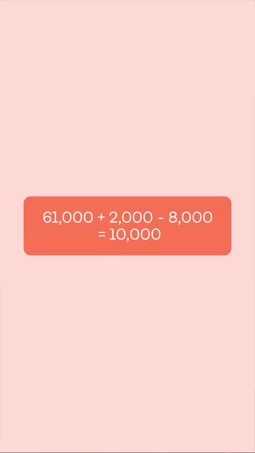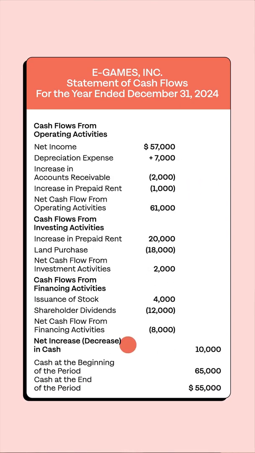In our fourth and final step, we will combine our net cash flows: a net increase of $61,000 in cash from operating activities, a net increase of $2,000 in cash in investing activities, and a net decrease of $8,000 in cash in financing activities. This tabulation results in a net cash increase of $10,000, which matches what is reported on Great Tools' balance sheet.